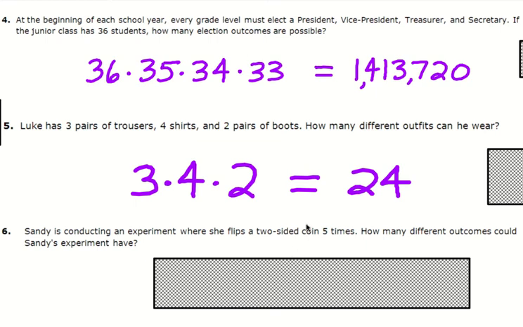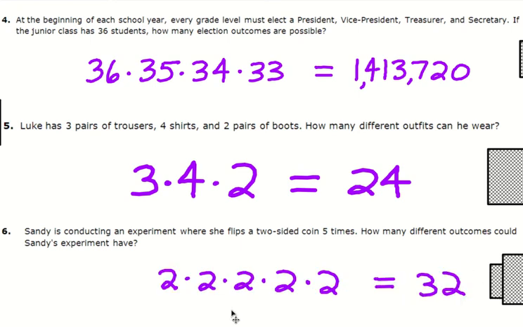So it's not 5 times 2. It's not 5 times 2, because that would be saying that there's 2 events. The first event, there's 5 different ways it can happen. And then there's a second event, and there's 2 different ways that can happen. That's not what's going on here.